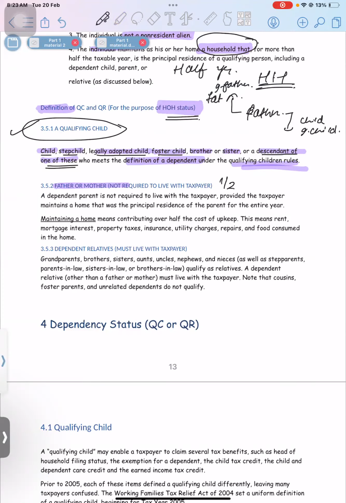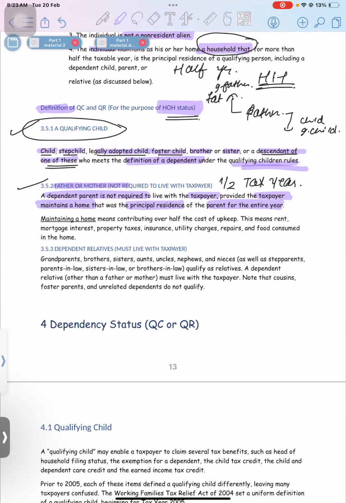The condition that the father and mother live with the taxpayer for half the tax year is waived in the case of mother and father. The dependent parent is not required to live with the taxpayer, provided the taxpayer maintains a home that was the principal residence of the parent for the entire year.